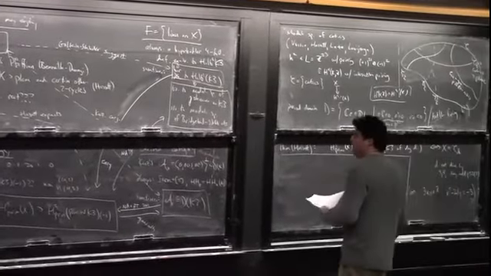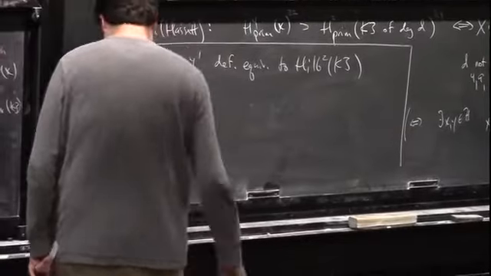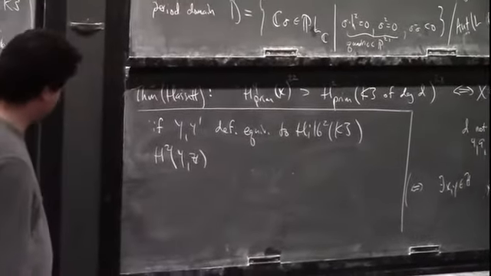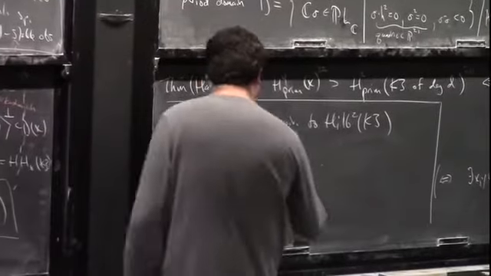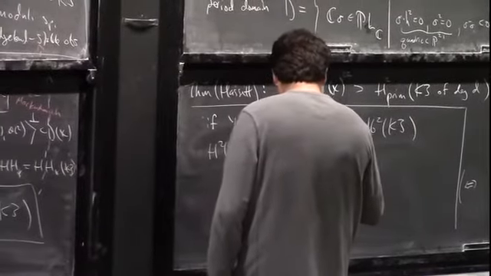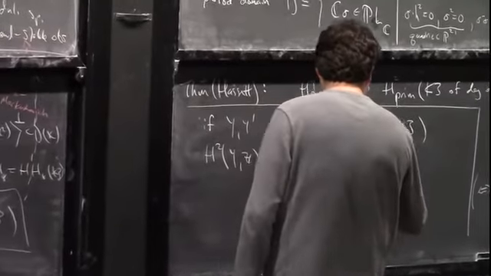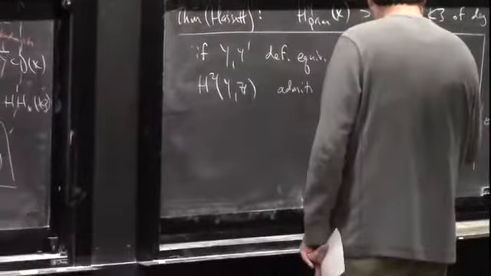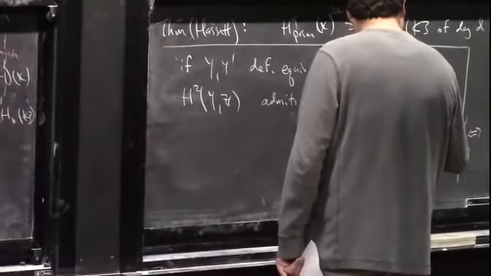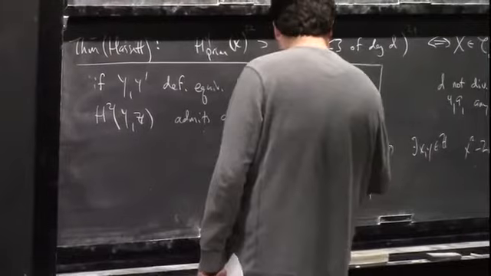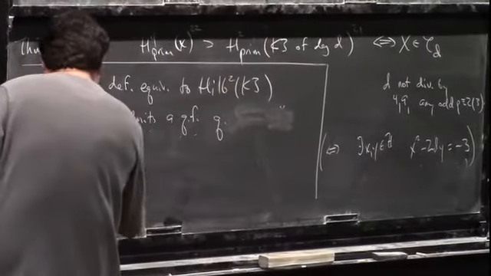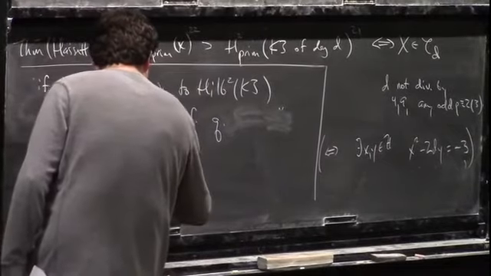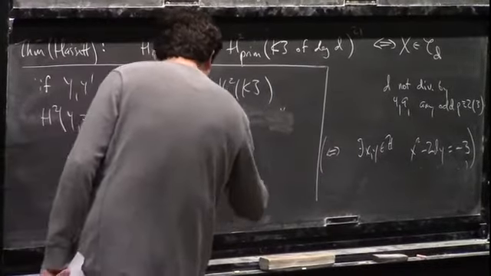Well, then H2 of Y, Z. So these are fourfolds, they're hyperkähler fourfolds. H2 of Y, Z admits a quadratic form Q, such that alpha to the fourth is 3 Q of alpha squared for all alpha.